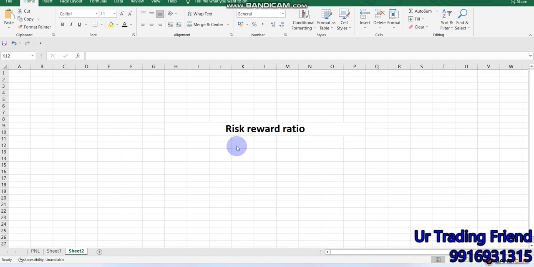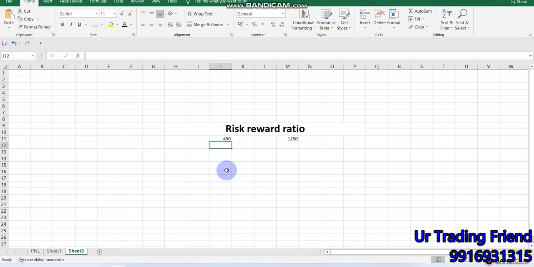Ideally, in the options buying strategy which I am currently doing, I am risking 400 rupees and keeping a target of 1250.